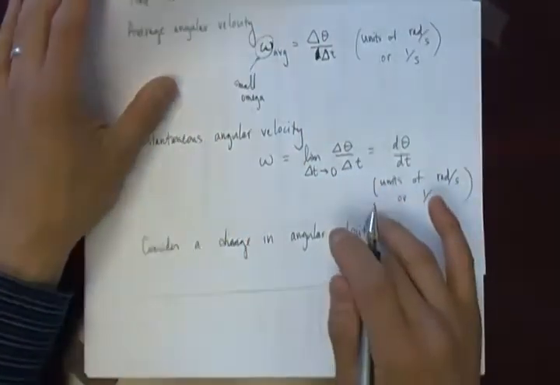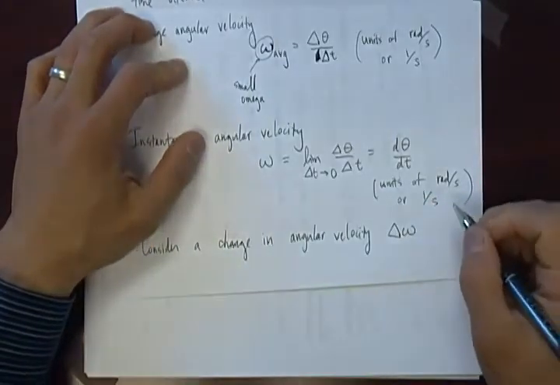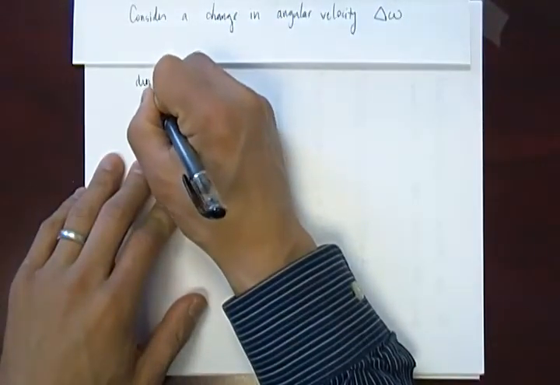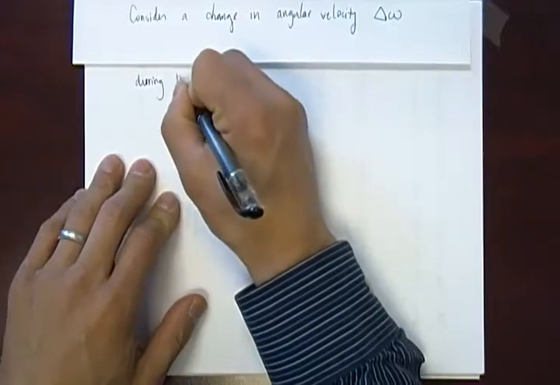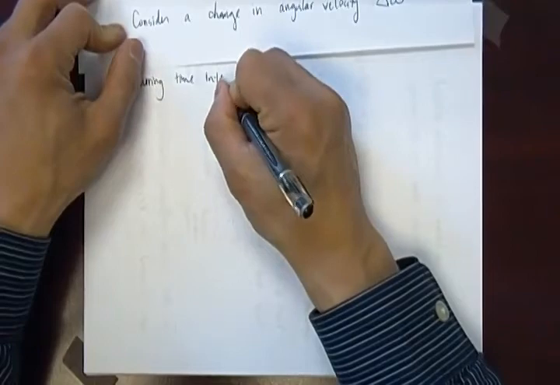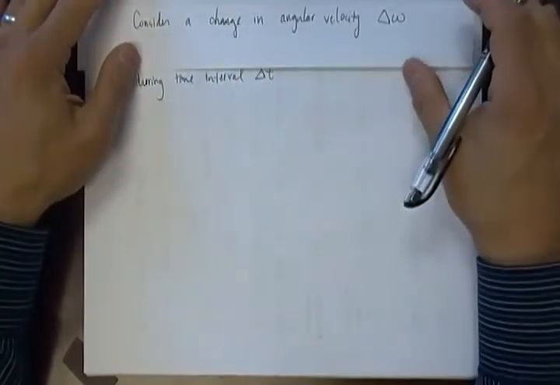So consider a change in angular velocity, or instantaneous angular velocity, delta omega, during a time interval, delta t. Okay?